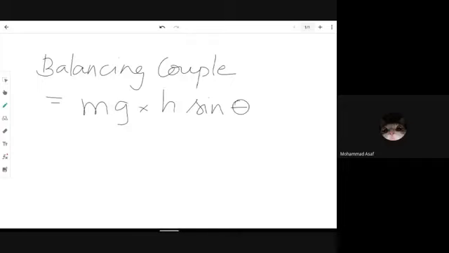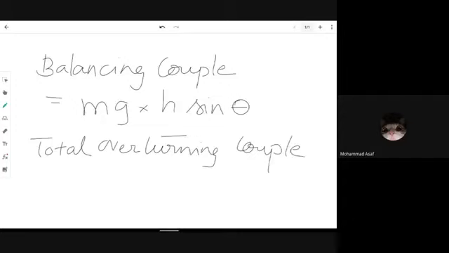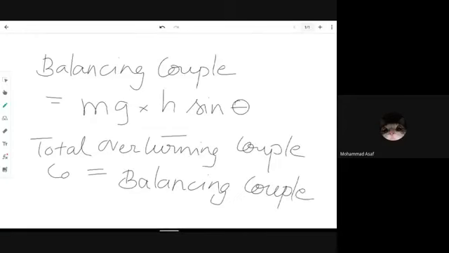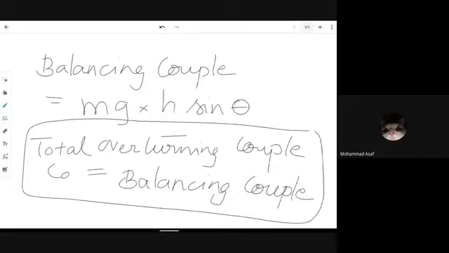Have you understood? So total overturning couple, which is CO. This CO should be equal to the balancing couple, because then only the vehicle will stay stable on the road, in the sense the two wheels will be perfectly touching the ground.